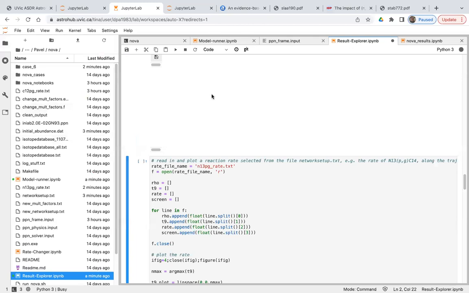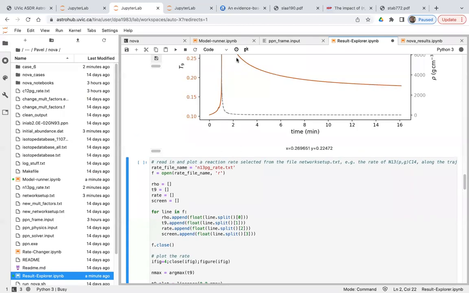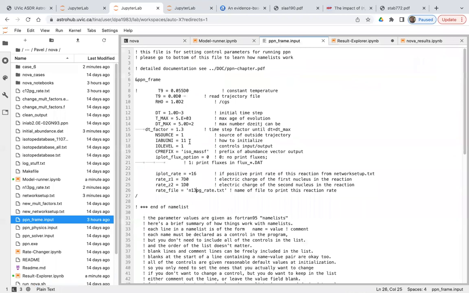before I start one-zone nova calculations using the model runner, I open the ppn_frame.input file, which specifies input parameters for one-zone calculations. It's open here.